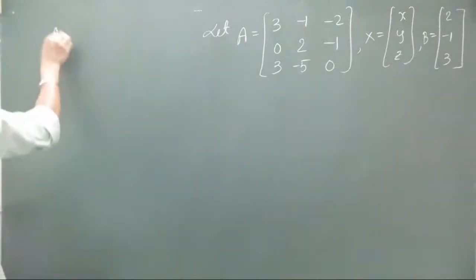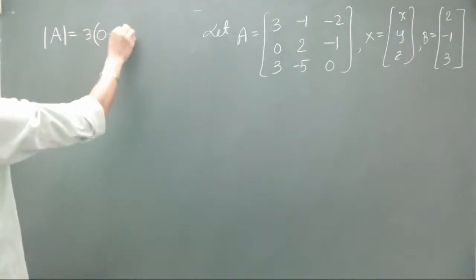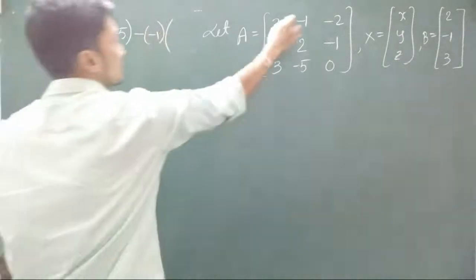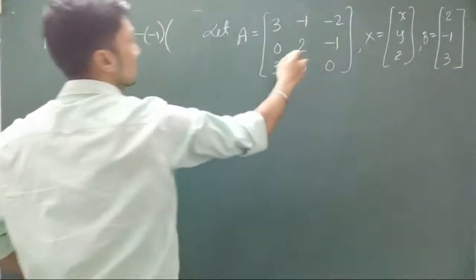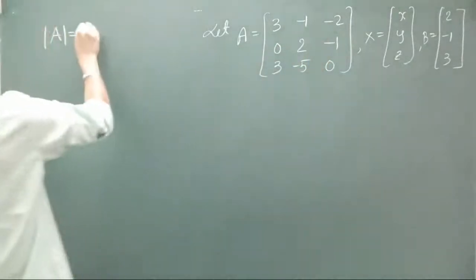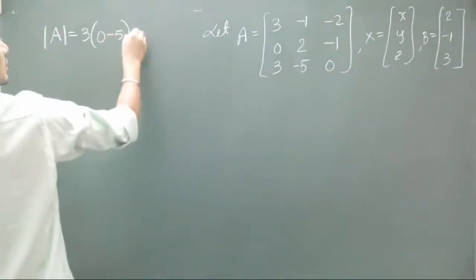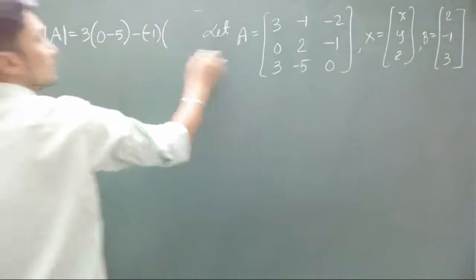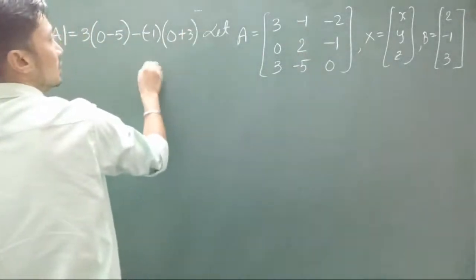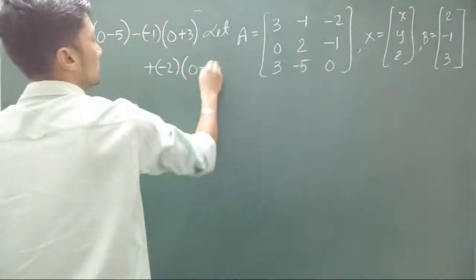So let's find out the determinant of A. That's 3 into 2 zeros are 0, minus 5 into 5, minus of minus 1 into 0, minus minus plus 3, minus plus minus 2 into 0 minus 6.